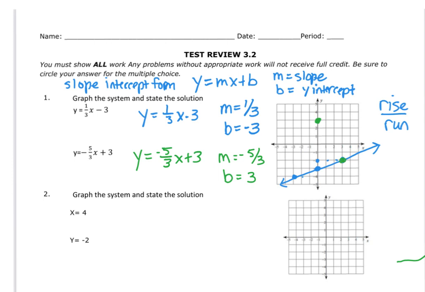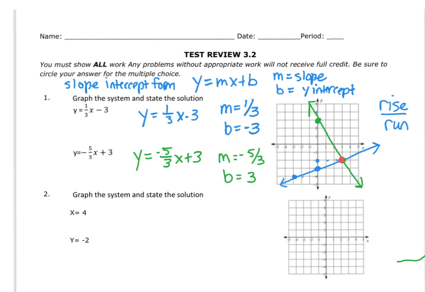Okay, I kind of run out of room on my graph here, but this is going to be my line. So down 5, right 3. Okay, so if you look at this graph, you have intersecting lines, and where they intersect is right at this point. So that is the solution to my equation.